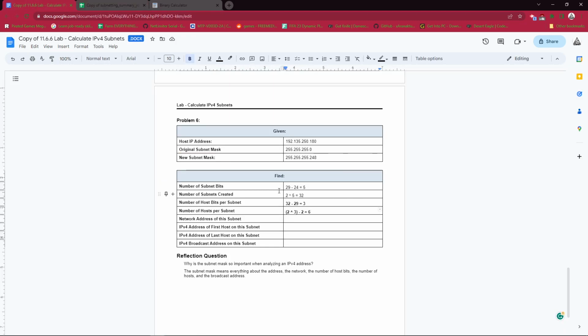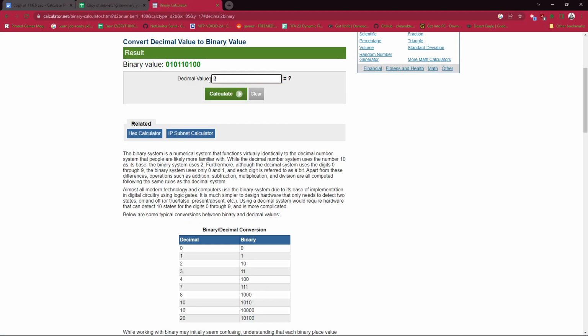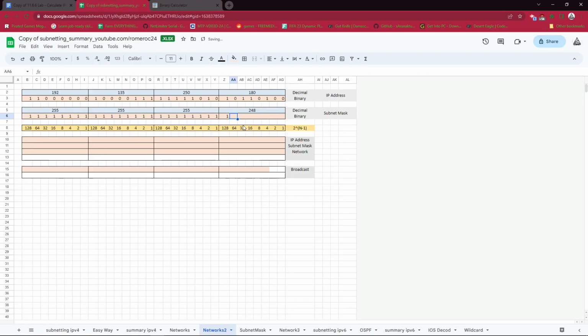Next, the subnet mask. The subnet mask is 255.255.255.248. So 255, 255, 255, 248. 248 is 1, 1, 1, 1, 1 and 0, 0, 0.